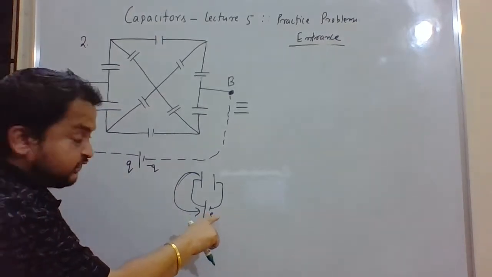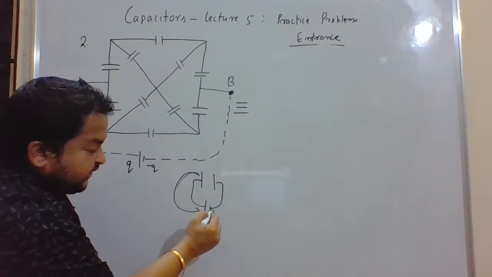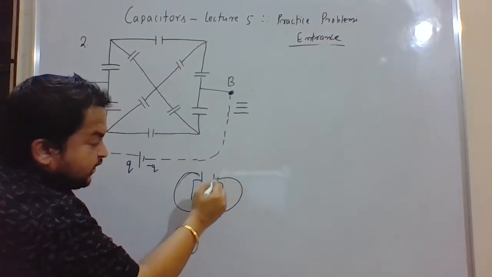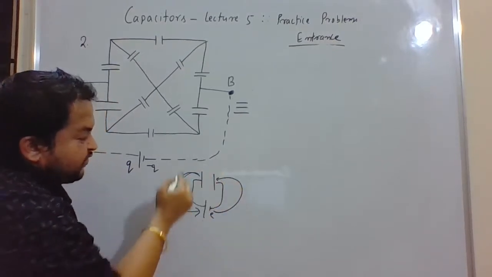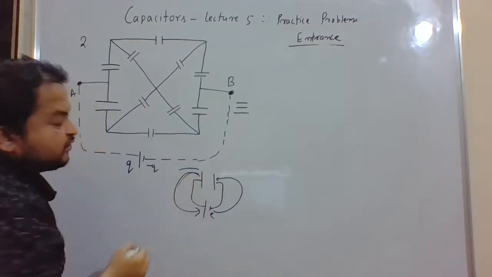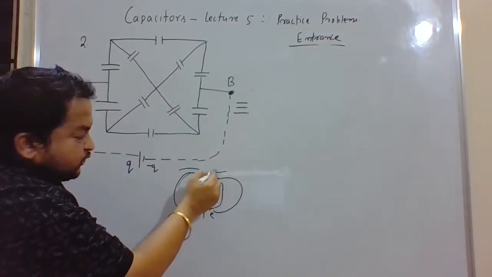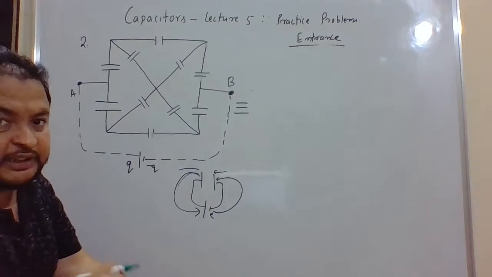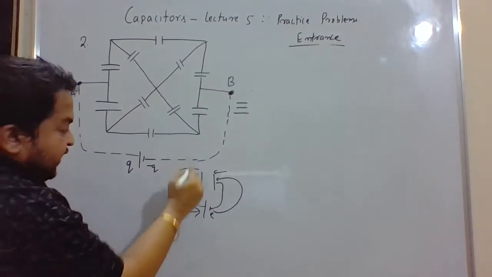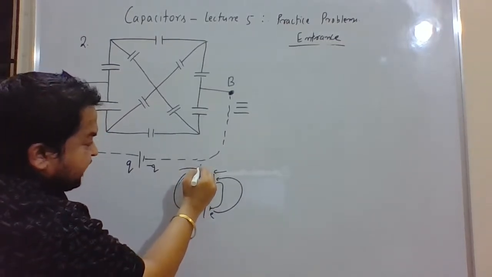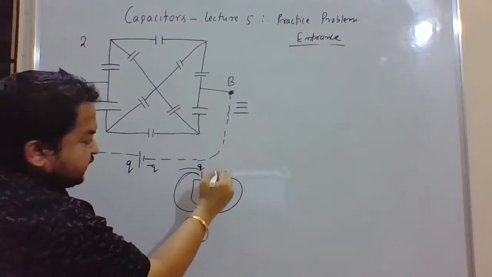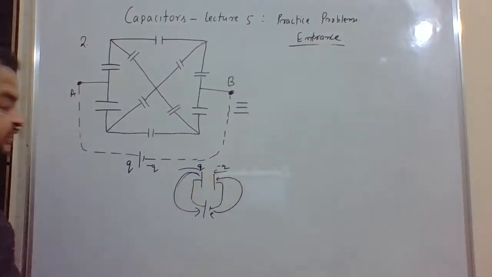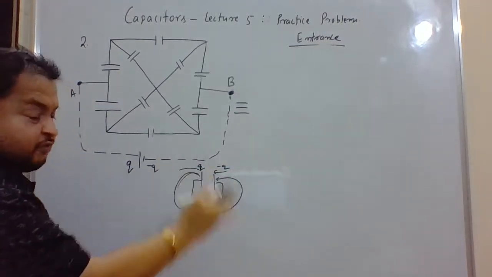Once an electron reaches the negative terminal, due to electrostatic repulsion it will reach here. So if n number of electrons are removed from here, those n electrons get accumulated here. That's why if this end is positively charged by Q, this end becomes negatively charged by minus Q. So we know this is the funda.